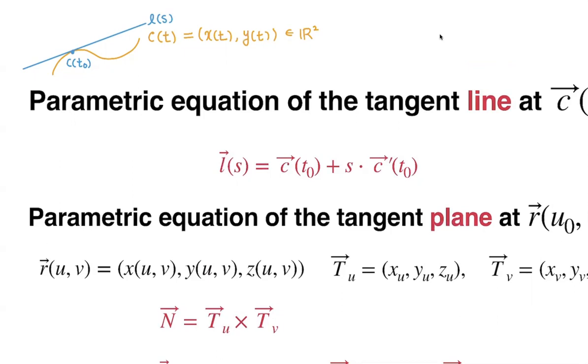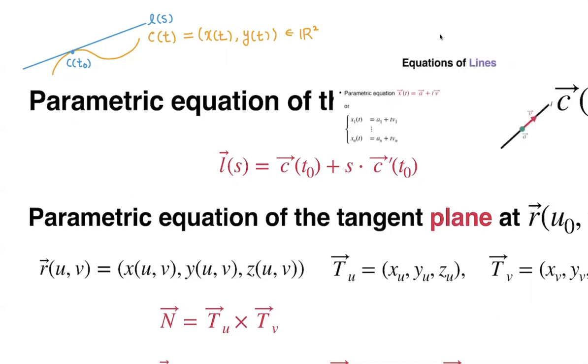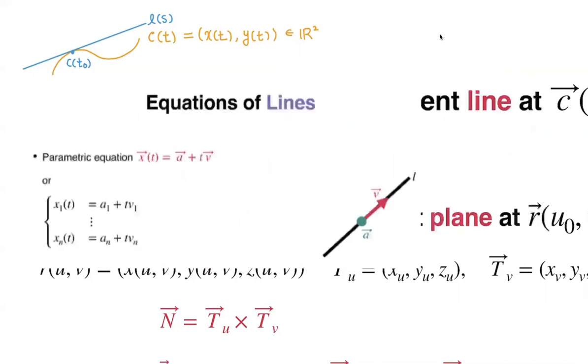Actually, we learned the equation of lines before, and I will show this. The equation of a line is given by one point A and the direction vector. So if we know the direction vector and one point, then we can find the equation of this line.